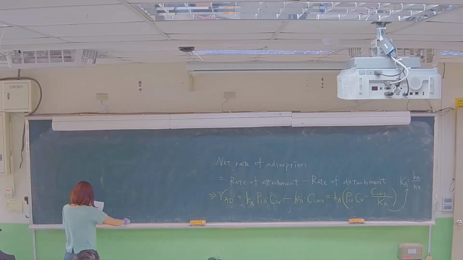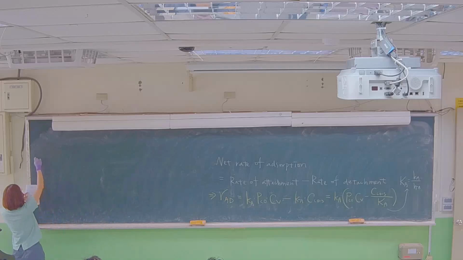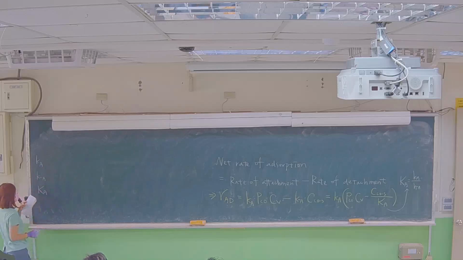At the bottom of this slide is just the explanation for Ka, K minus A, and the equilibrium constant. There are 3 points at the bottom. Ka means the adsorption rate constant, K minus A means the desorption constant, and capital K means the equilibrium adsorption constant.